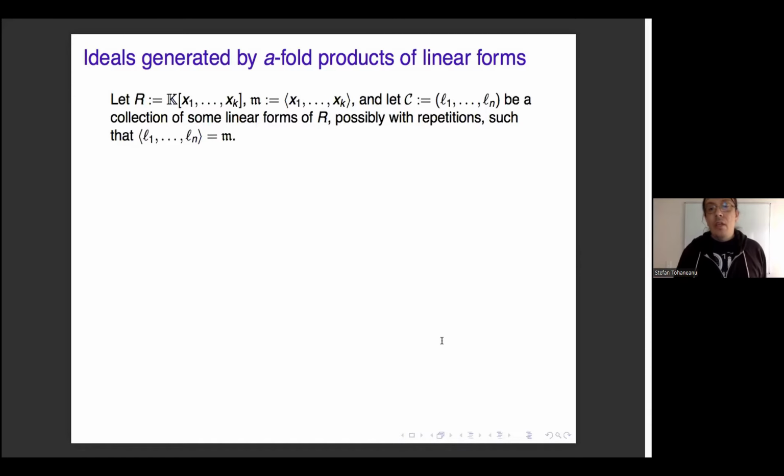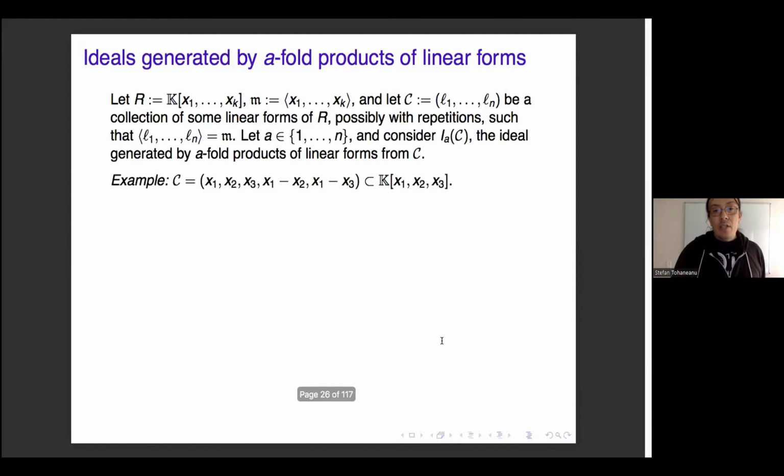And now we want to see, okay, these ideals, do they have more properties? And this is what I'm going to talk about next. So we start with a bunch of linear forms, some possibly proportional, such that they generate the trivial maximal ideal in the ring of homogeneous polynomials with coefficients in K. And then consider the ideal generated by A-fold products of those linear forms.